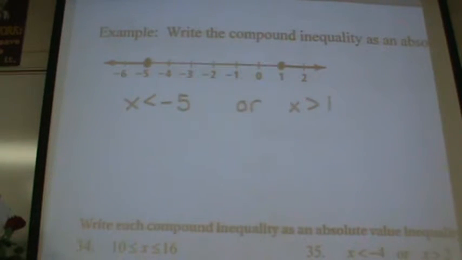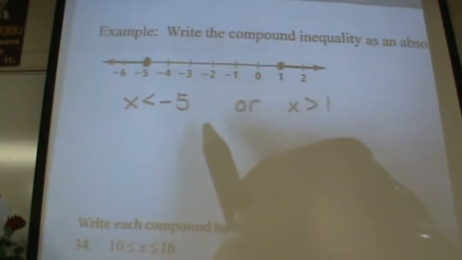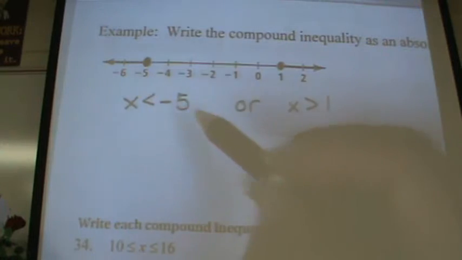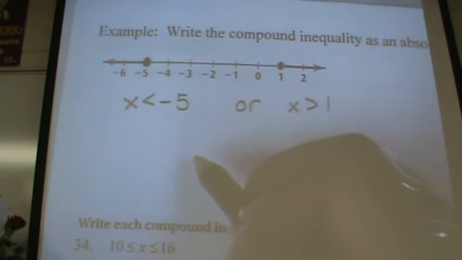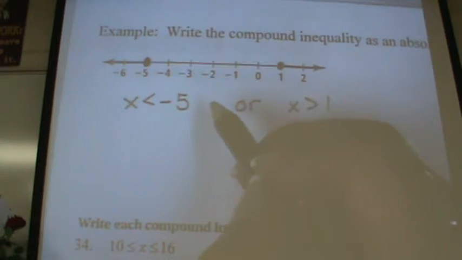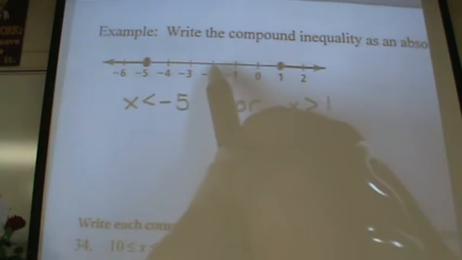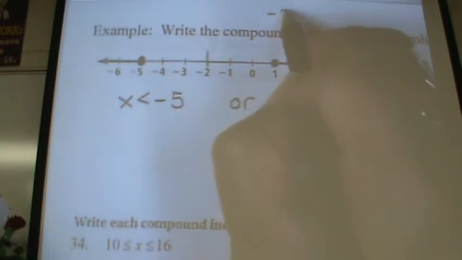Okay, we're going to follow these steps and then I'm going to have you figure out how to do these. We're going to actually write a compound inequality for this problem. Where is the halfway number in between these 2 critical values? -2. -2 is the halfway number.